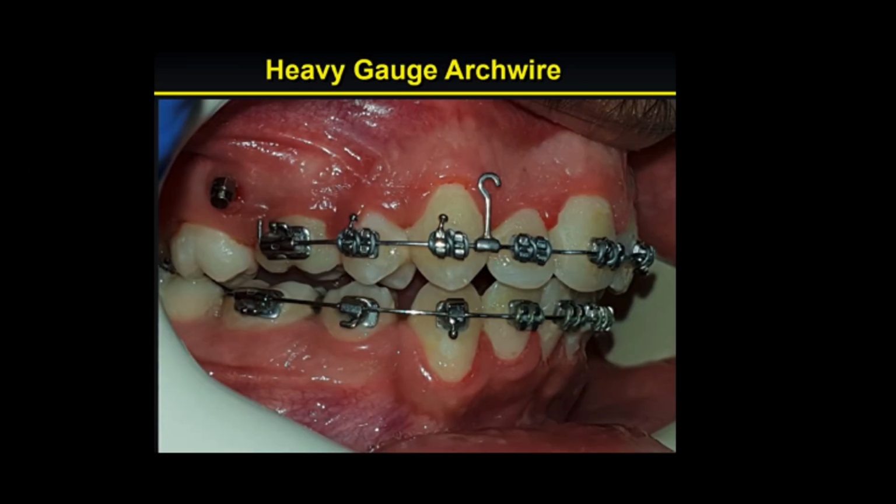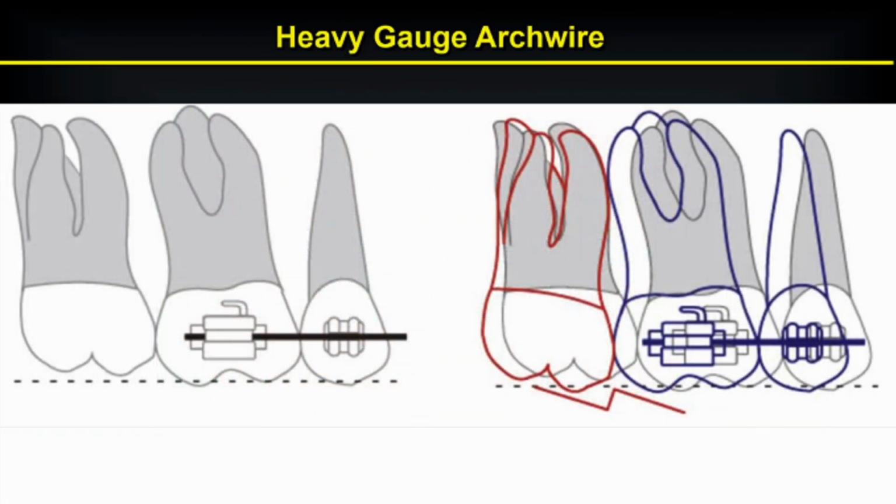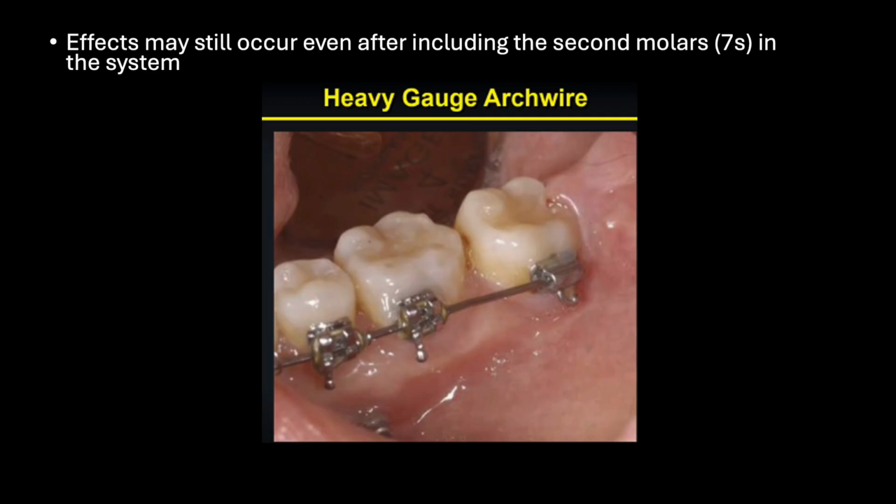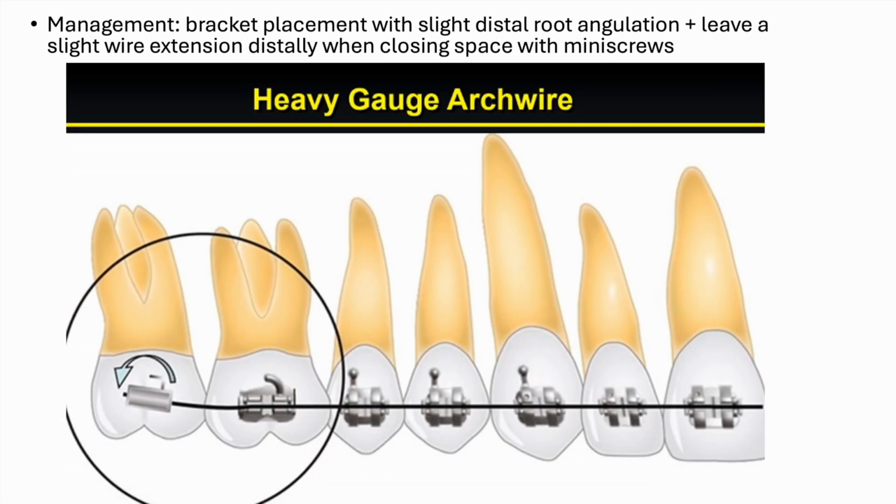Look at the picture, you can see a step between tooth number 6 and number 7 because of the rotation of the upper dental arch. So always bond the bracket on the second molar when we're using a full-sized arch wire.